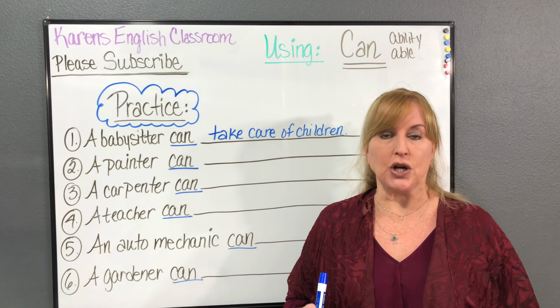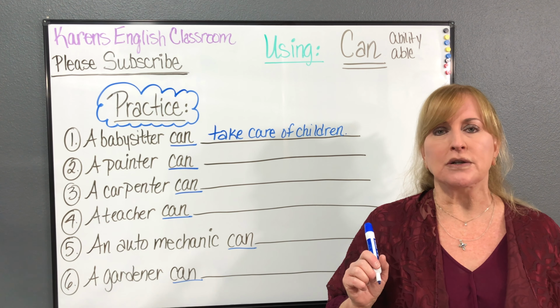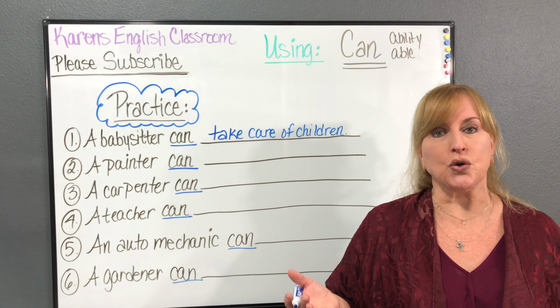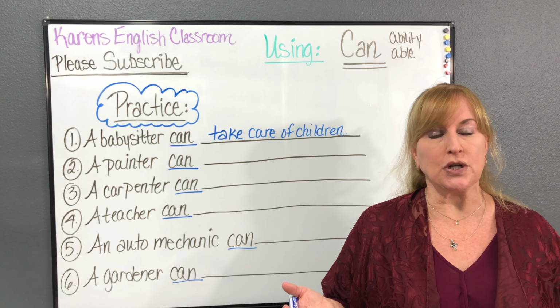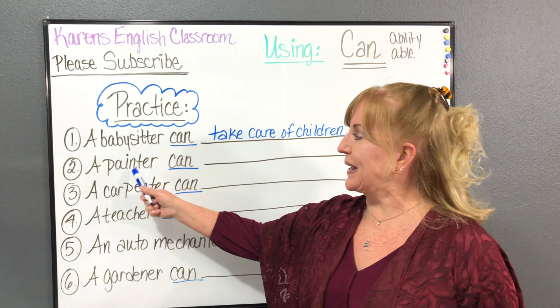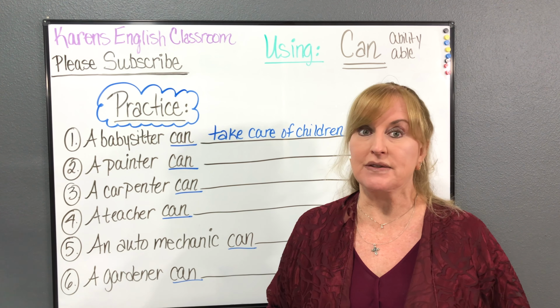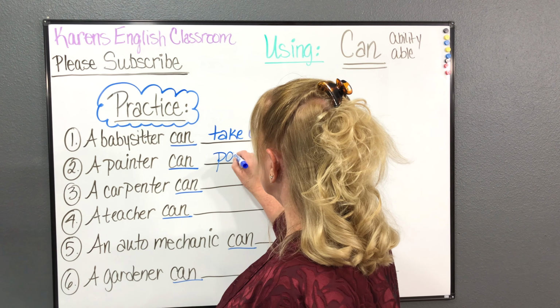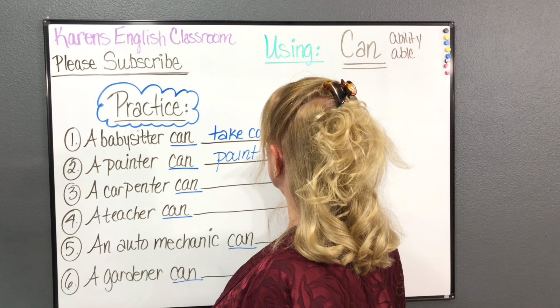Okay, a painter. So think about a painter. All right, now think about what a painter can do. Their job is a painter. So what can they do? They can do lots of things. They can paint houses.